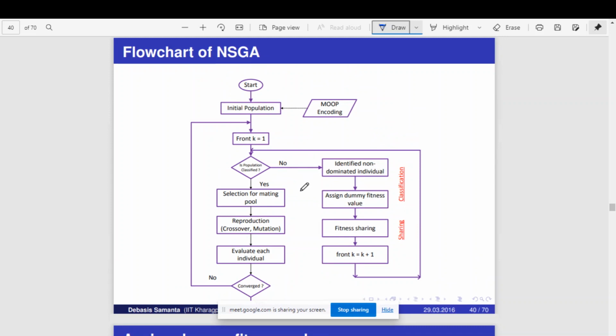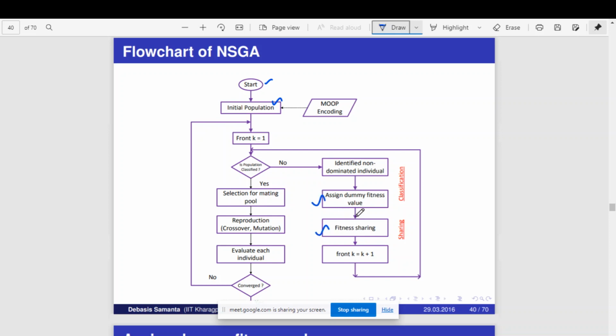Here is an overall explanation of the algorithm. Start with the initial population and identify the individuals in front 1. You check how the population is classified, that is, identify non-dominated individuals, the Pareto optimal front. Assign dummy fitness value, fitness sharing.